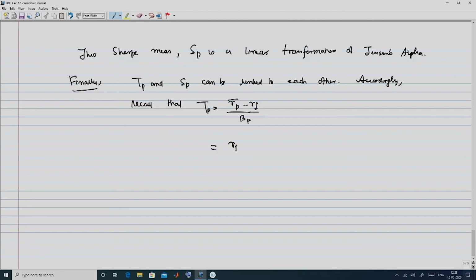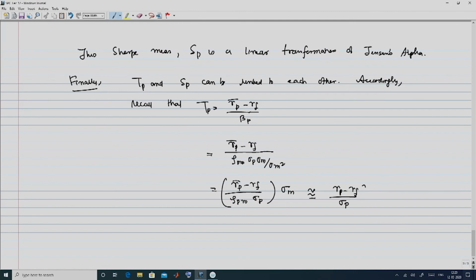What you will get is R p bar minus R f over rho p m sigma p sigma m by sigma m square, and this is R p bar minus R f over rho p m into sigma p multiplied by sigma m, which is approximately R p bar minus R f over sigma p into sigma m, taking rho p m approximately 1 for a well diversified portfolio.